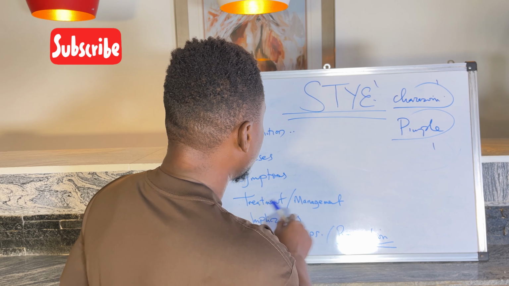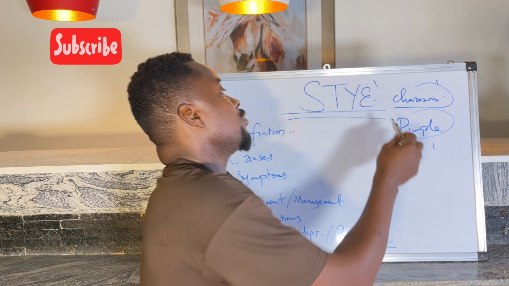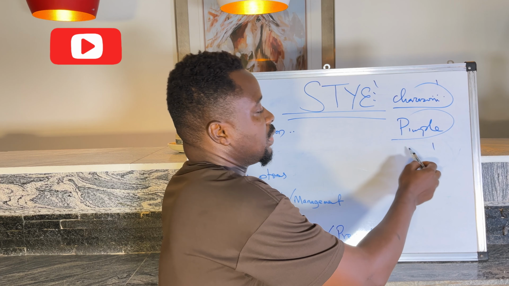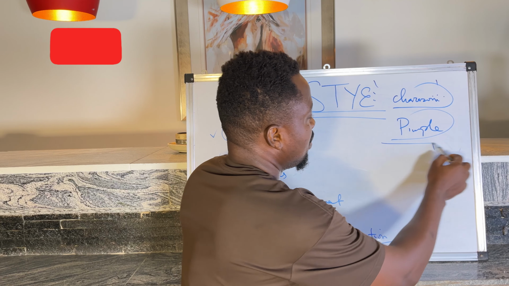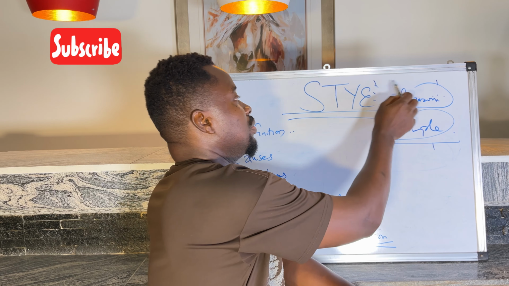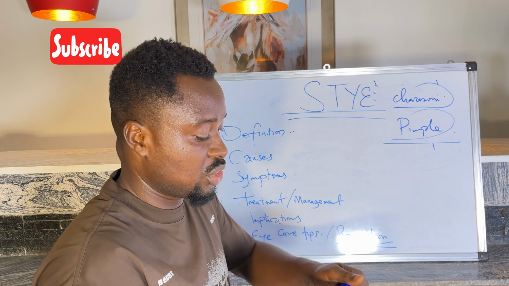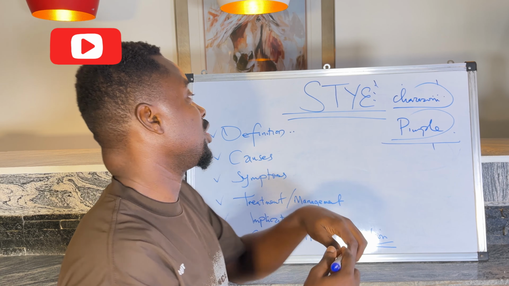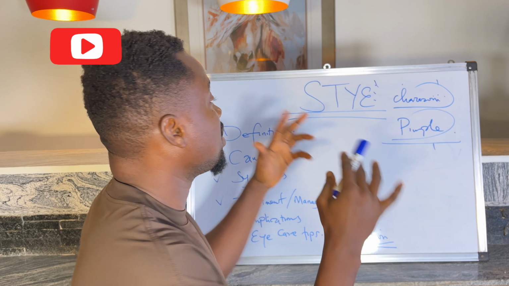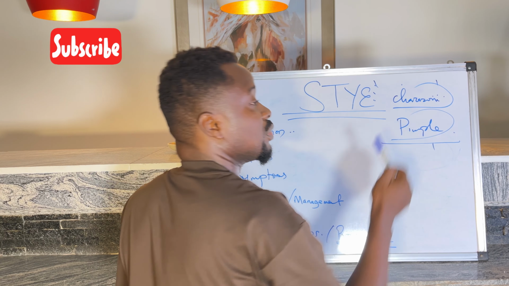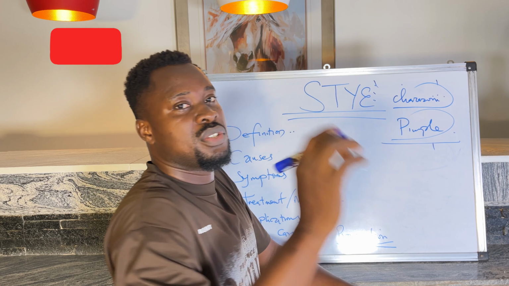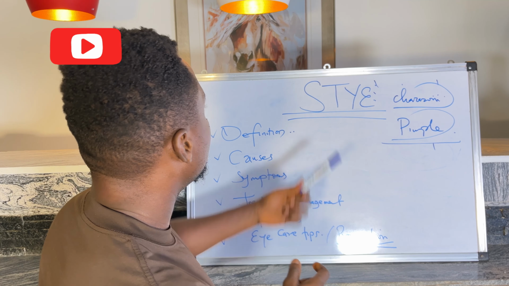Emphasis on proper assessment because you might not really know if it's a stye or chalazion, but probably you can know if it is painful. But these two, you can't really differentiate unless you see your eye doctor, or probably you already know the difference between stye and chalazion. So visit your eye doctor, know which is the problem and the best treatment option.